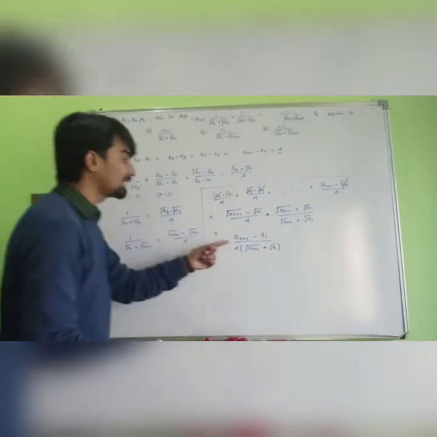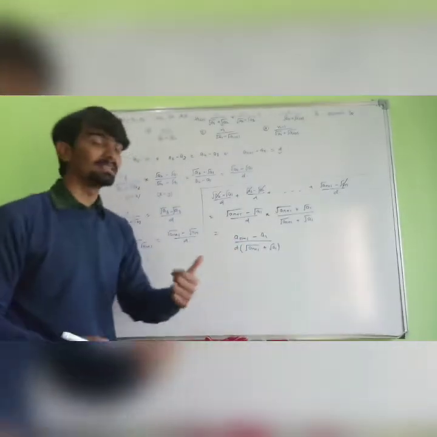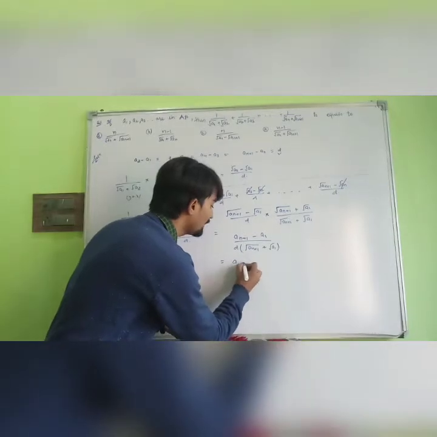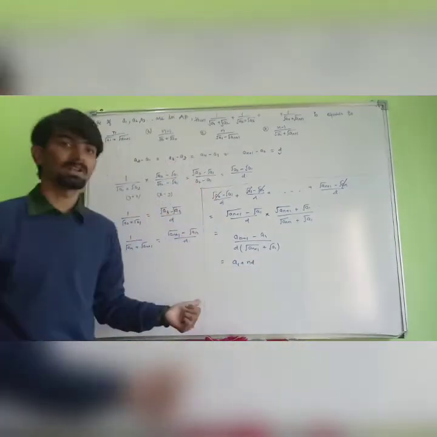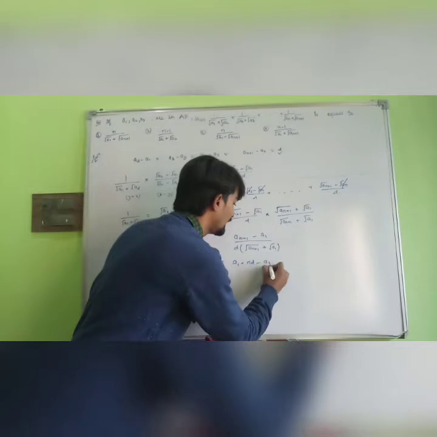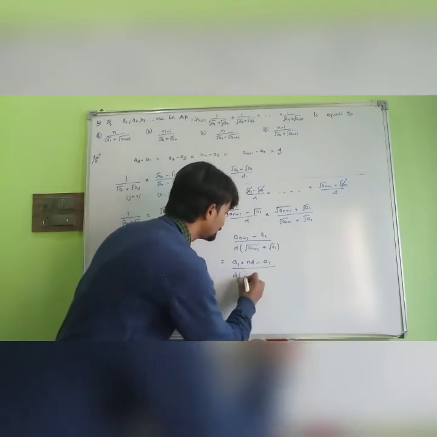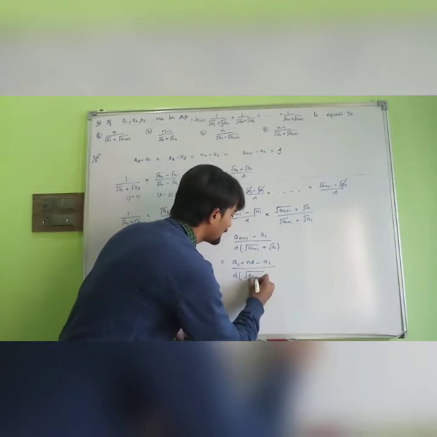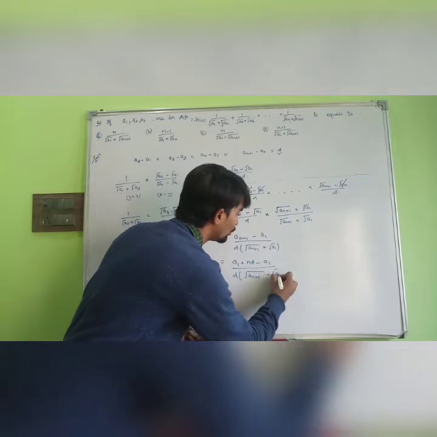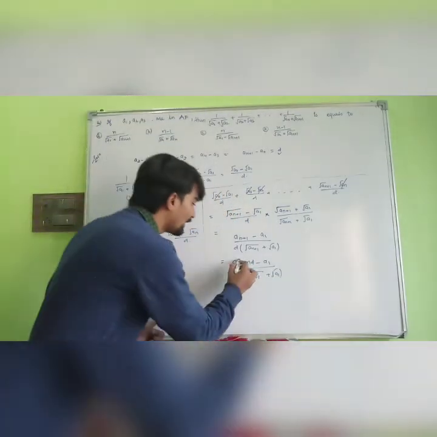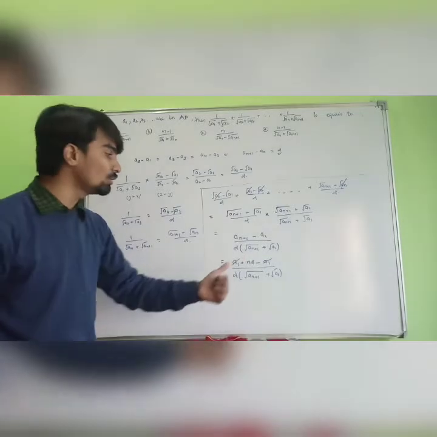Okay, now what is an+1? an+1 is nothing but it is a1 plus nd, clear, minus a1 over d times root an+1 plus root a1. Okay, now a1 and minus a1 will cancel out each other.